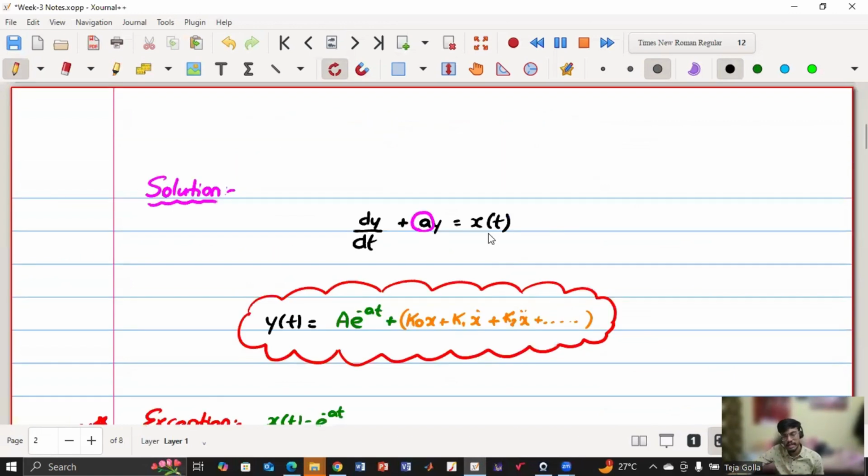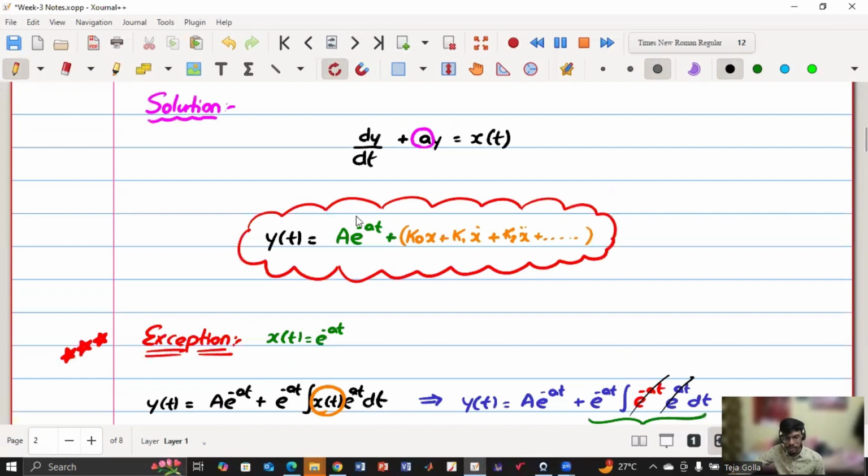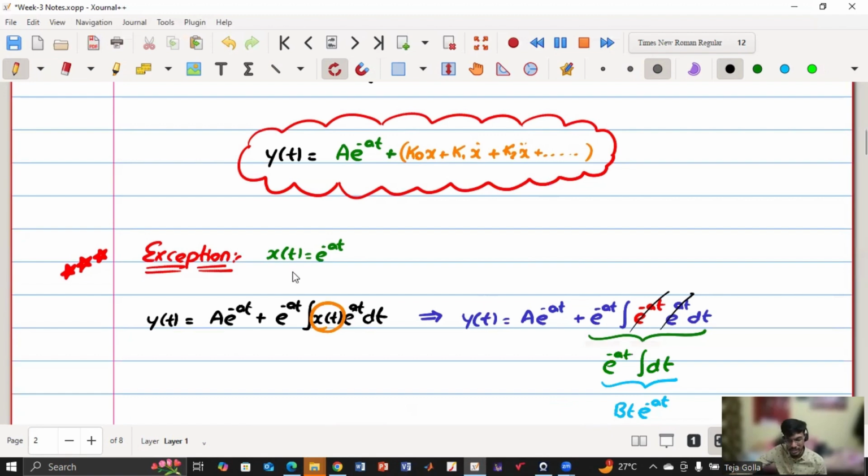X could be any polynomial, t square plus 3t plus 4, or function of t, not exponential. Then a into e to the power minus at you are getting from the natural response, and this you are getting from the forced response. Only when x of t is e to the power minus at, then you have this exceptional case.